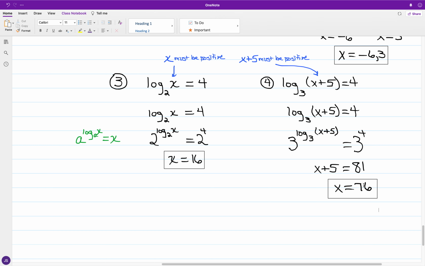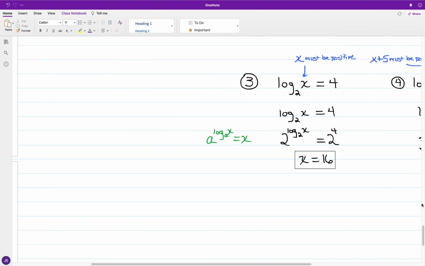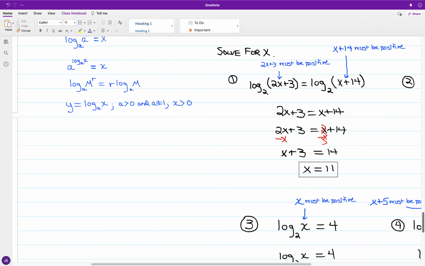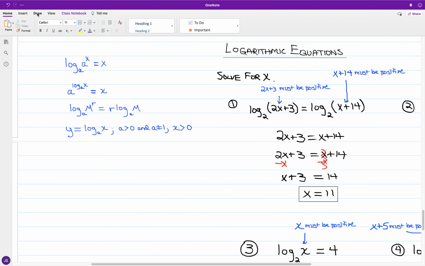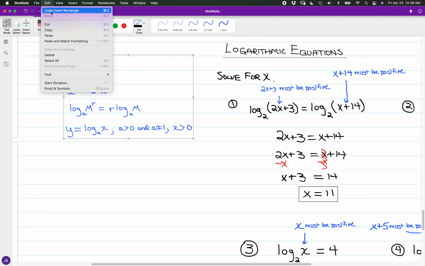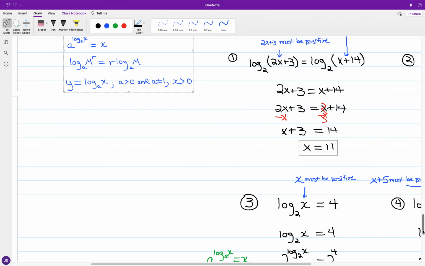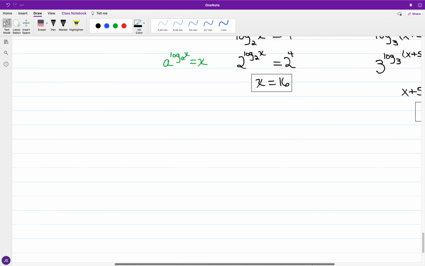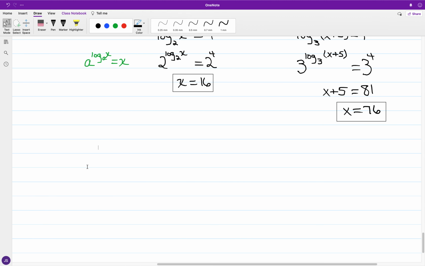I didn't do it with the other groups, but I'm going to do it with this one. Just kind of throwing in where you might have sums and differences of logarithms involved.